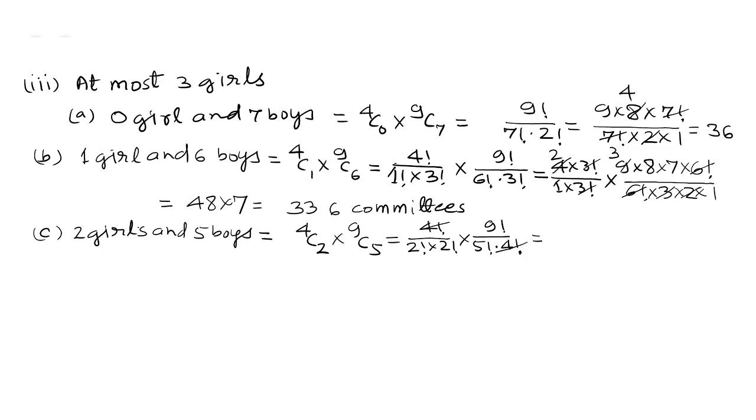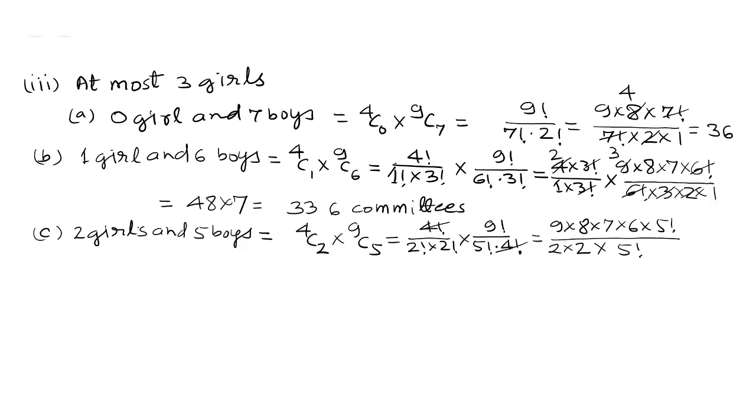9 factorial can be written as 9 into 8 into 7 into 6 multiplied by 5 factorial upon 2 factorial into 2 factorial. 2 factorial equals 2, and again 2 factorial equals 2, multiplied by 5 factorial.